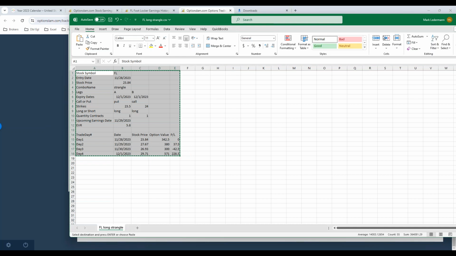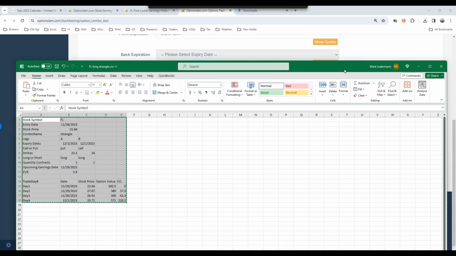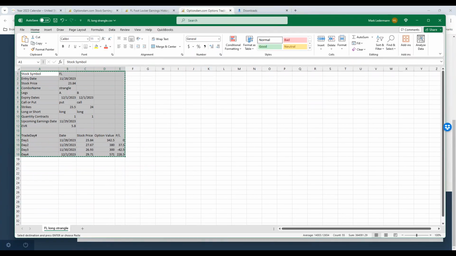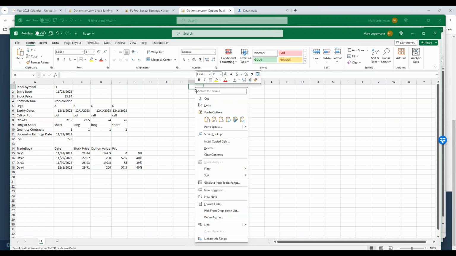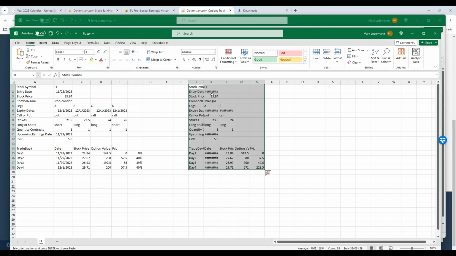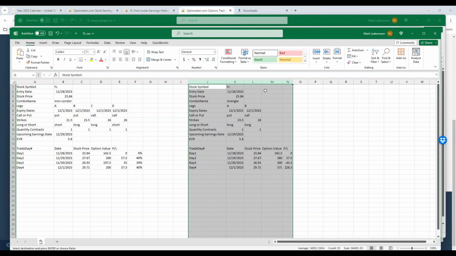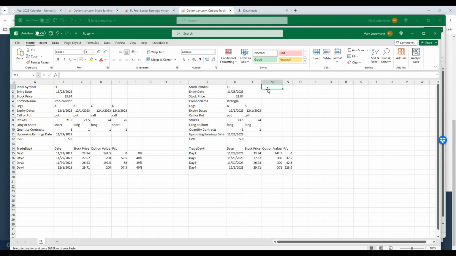Let's just copy that and find that other spreadsheet. I guess I could have put them side by side, but I'll do it this way. Paste that there. So here's the long strangle.